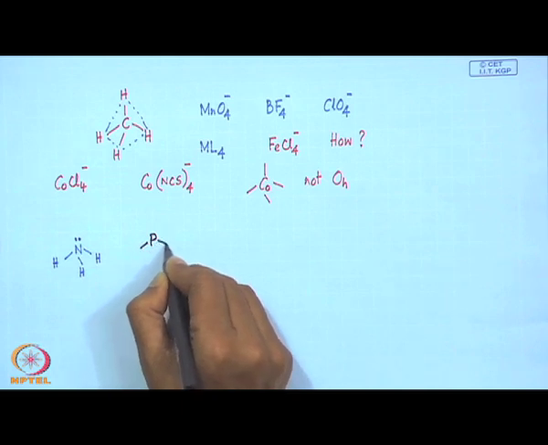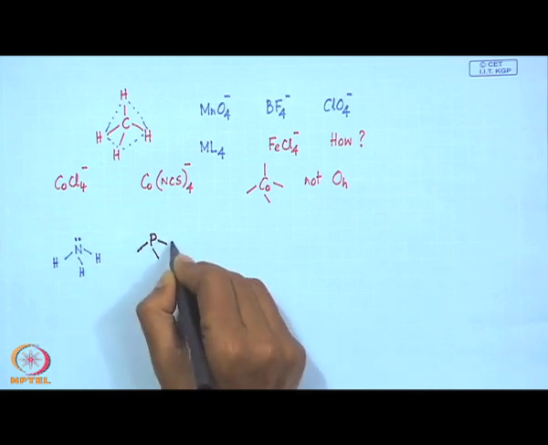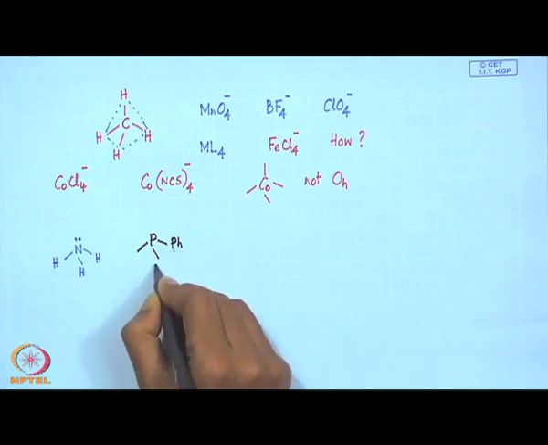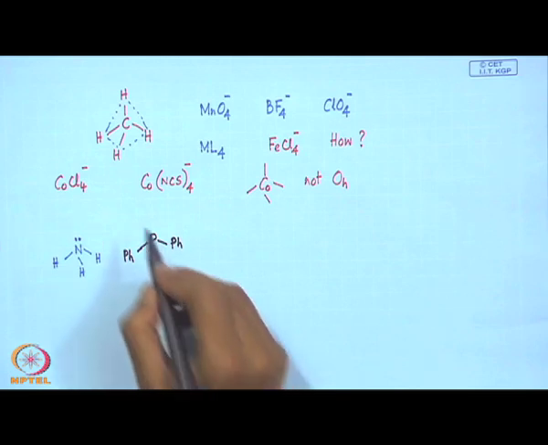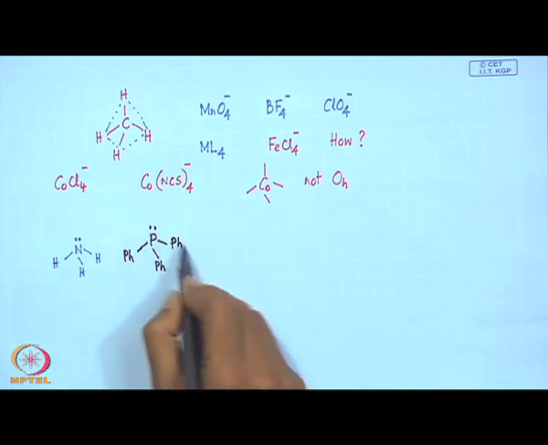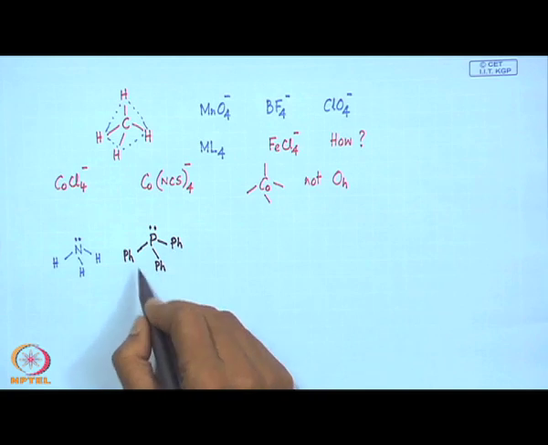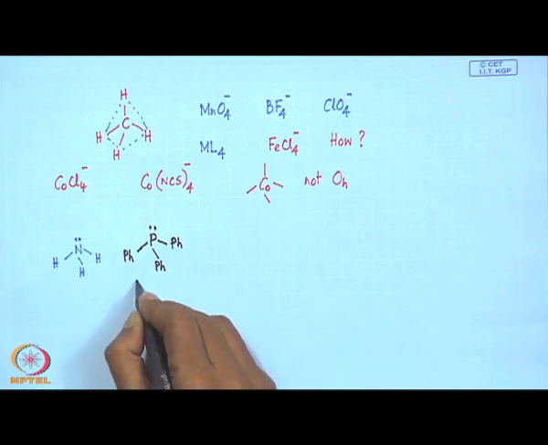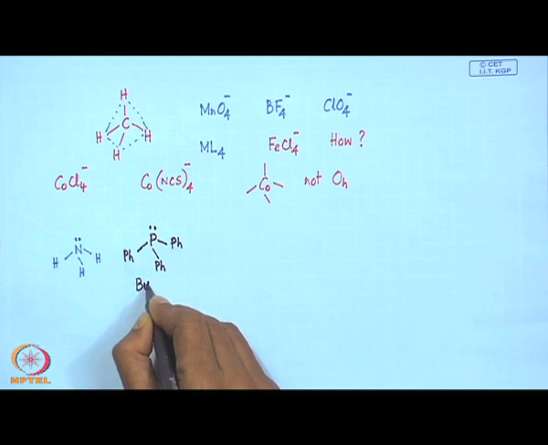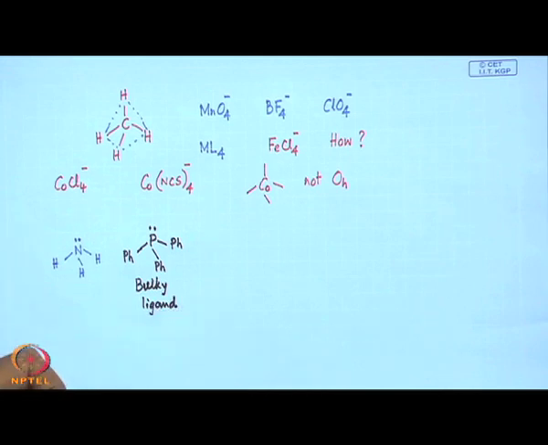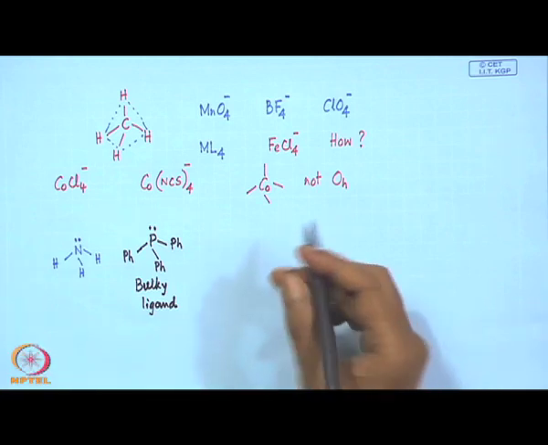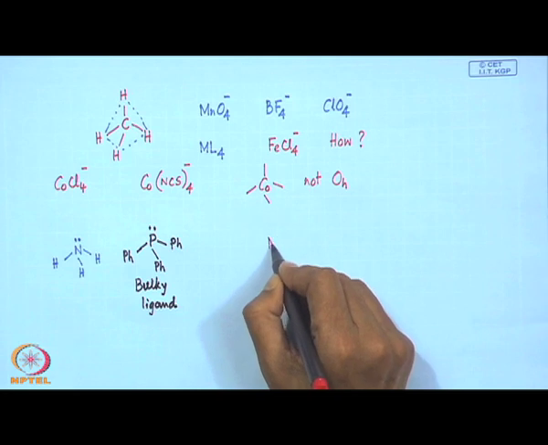Similarly, if we use the phosphine center with 3 bulky phenyl rings, these are bulky phenyl rings, so it is a very bulky ligand, and this bulky ligand is very useful when it binds to the metal center.